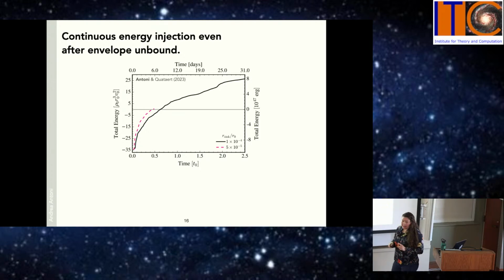Now I should say that because I did the zoom-in grid, I can only follow this outflow about 1/3 of the radius of the star because I no longer have the outer radius of the star on the grid. And so this is sort of a minimum energy that I can get to based on my simulations. And that's something like 8 times 10 to the 47 ergs.